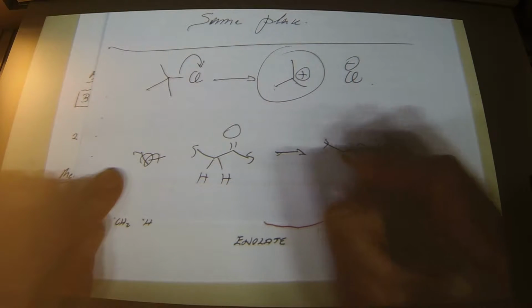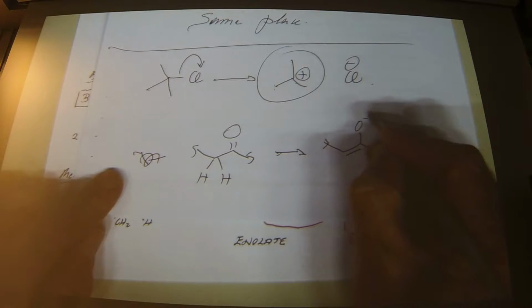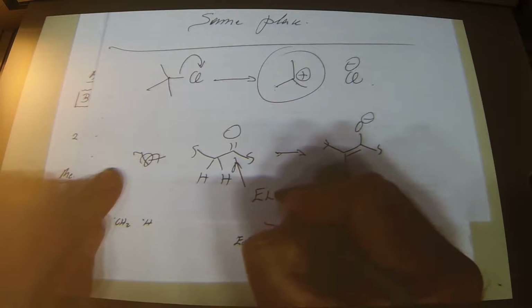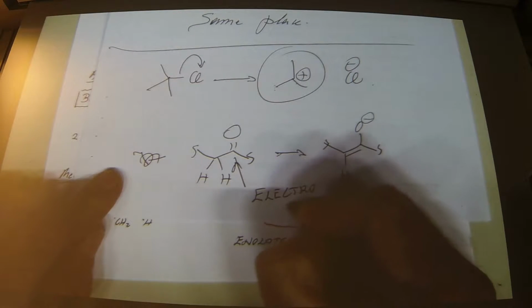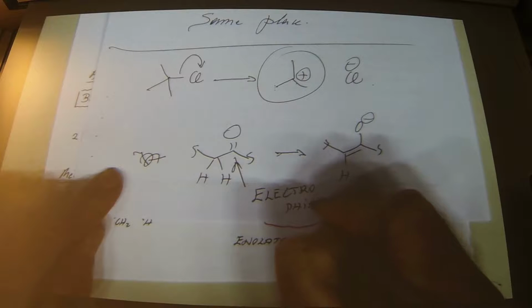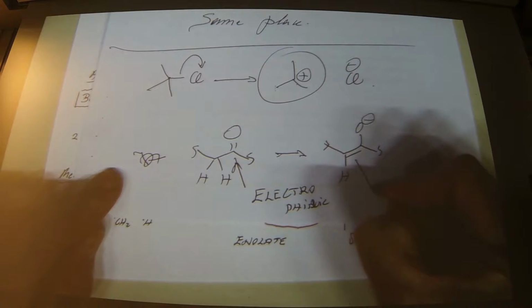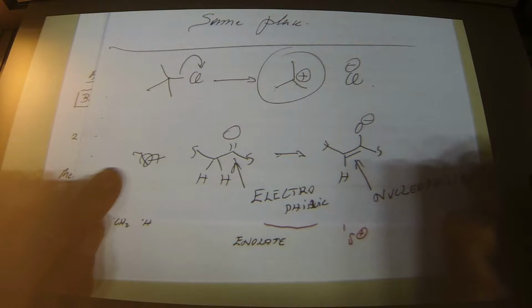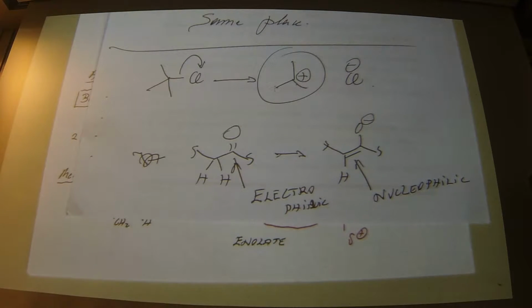Let's just show the enolate. So the enolate looks like this. And so this carbon atom is electrophilic. And this carbon atom is nucleophilic. And so I have this dual reactivity.